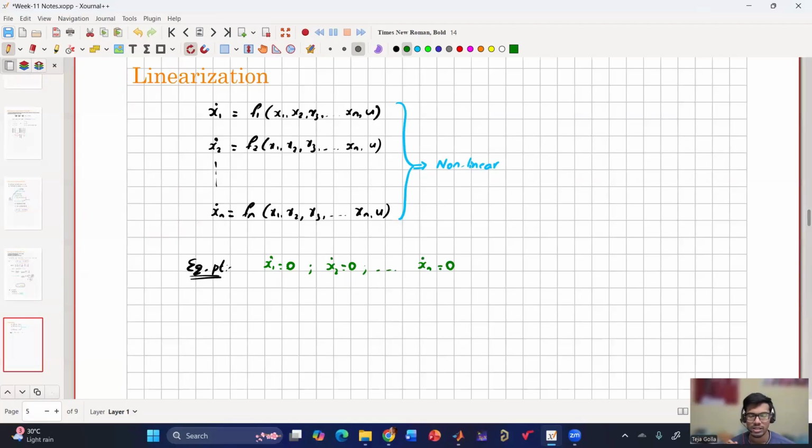If all the derivatives of the states are zero, which means there is no change in the state, it is fixed. This is called an equilibrium point. So the solution to all these equations will result in an equilibrium point.